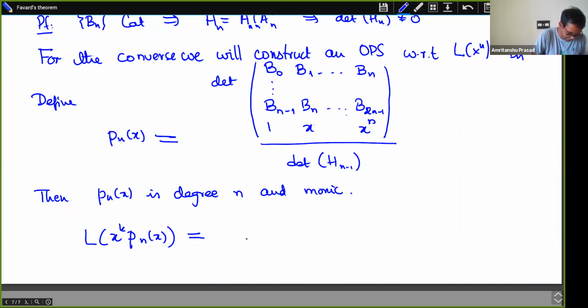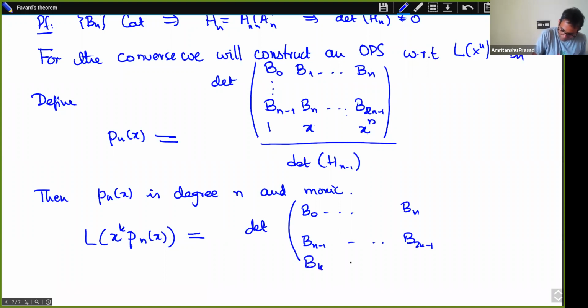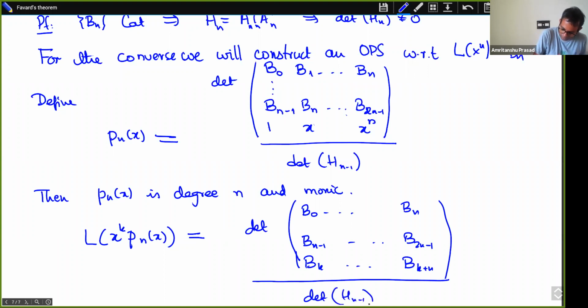So what we will get is that this is the determinant of b0 up to bn, n minus 1 to b2n minus 1. And then in the last row, we will get bk up to bk plus n. This is divided by determinant of hn minus 1.